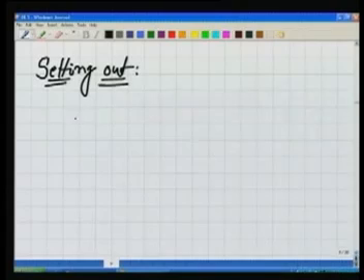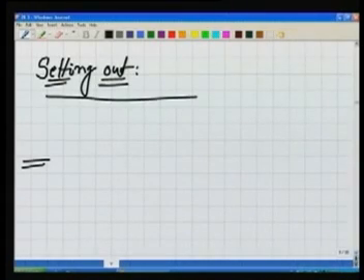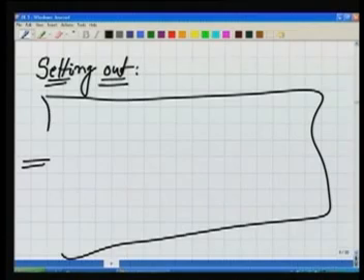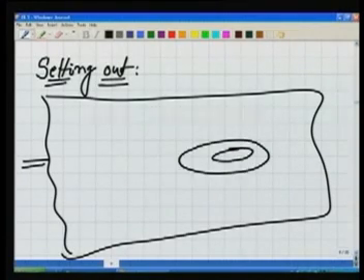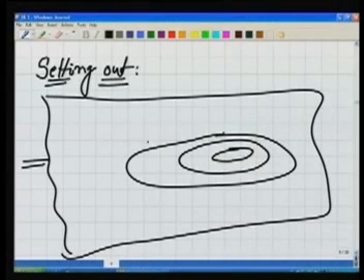Let us say we have a railway line coming here, and now over here in this area, a hill. So right now I am showing the hill by these contours. Okay, we will talk about these contours later on.